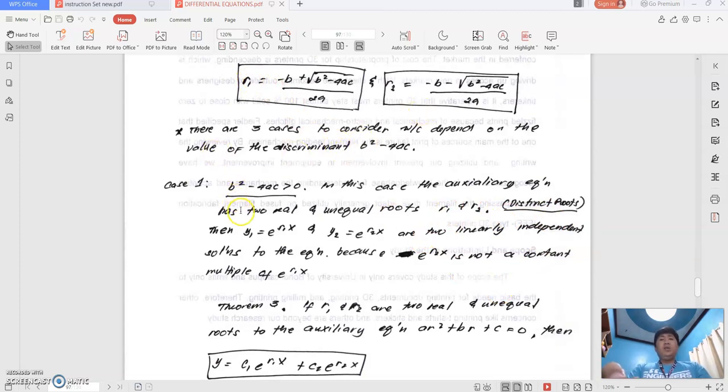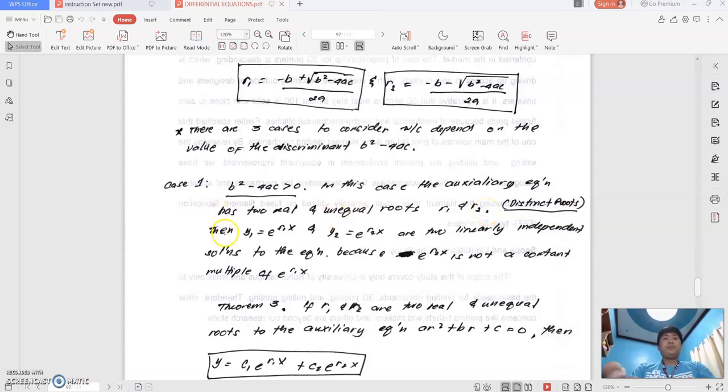You will know that the given equation is case 1 or distinct roots if this quadratic, b squared minus 4ac, is greater than 0. In this case, the auxiliary equation has two real and unequal roots, meaning two whole real roots that are not equal. The first root is called R1, the second root is called R2.